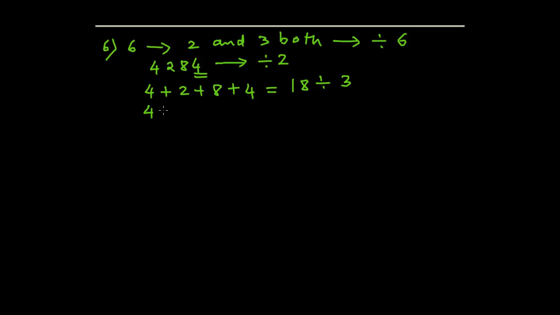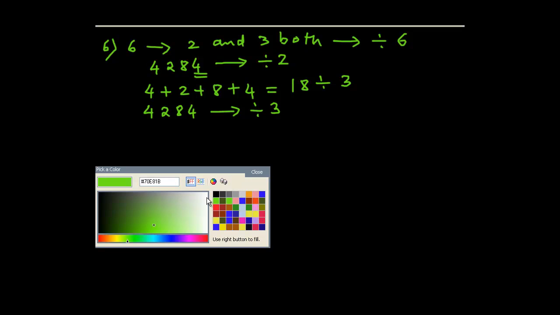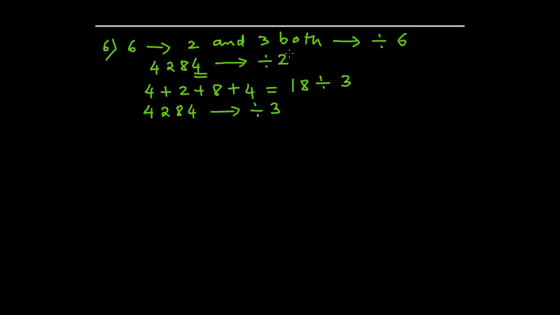So 4284 is divisible by 3. Now the given number is divisible by both 2 and 3, so 4284 is divisible by 6.